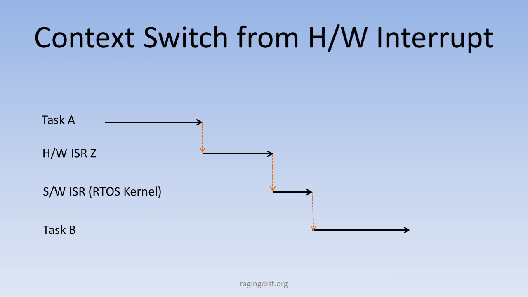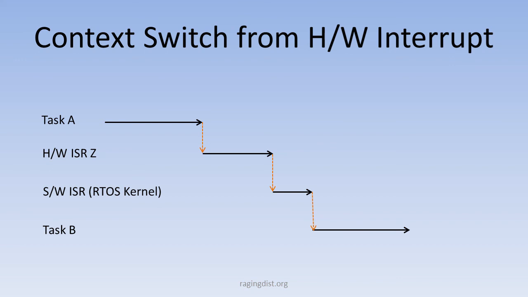When it completes, it might tell the CPU, I want to execute a software ISR. In this case, it's an RTOS kernel call. And this will be an instruction in the hardware ISR-Z to execute this software ISR.